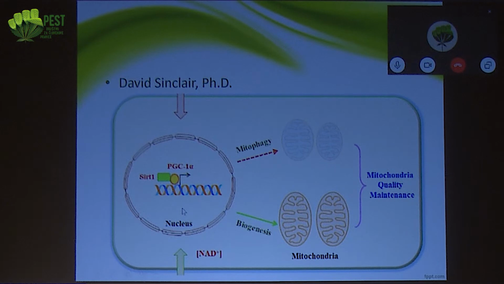An old cell is a couple that's been married 25 years, and they can't bother to tell each other anything anymore because no one really seems interested anymore. And this symbolizes the level of communication, the level of information exchange that's happening between the nucleus and the mitochondria. So in young cells, a lot of this is happening, and in old cells, very little.